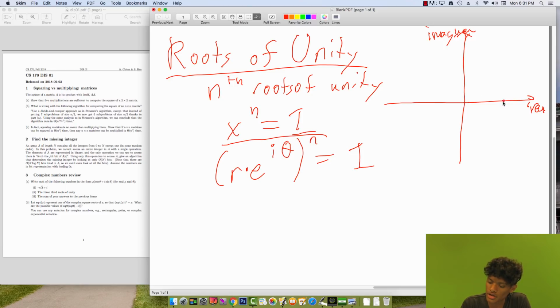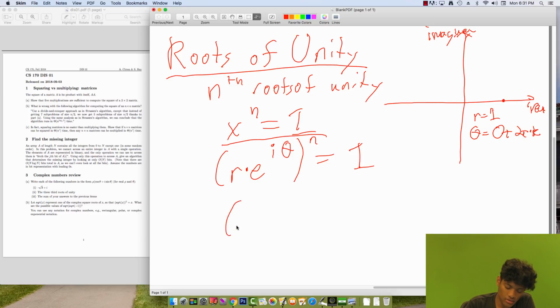The number 1 is going to occur at a distance of 1 from the center and at an angle of 0. So r is going to equal 1, and theta will equal 0. But remember when we're working with radians that any angle theta is also equal to theta plus a multiple of 2 pi, so plus 2 pi times k, where k is any integer.